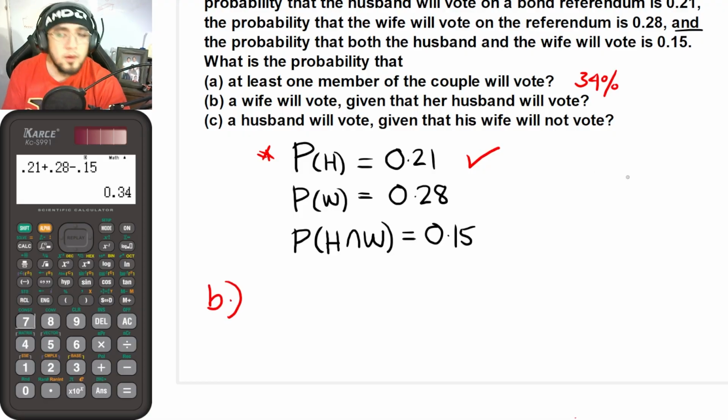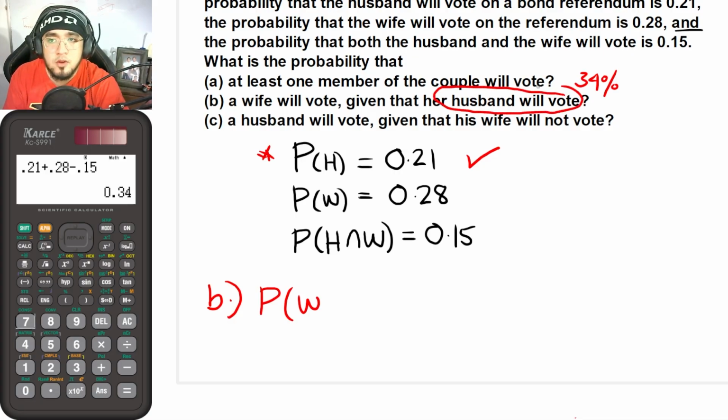For letter B, what is being asked is, what is the probability that the wife will vote given that her husband will vote? As you can see, we now have a condition. Thus, this is a problem of conditional probability. So if we write this in conditional probability, what is the probability that the wife will sign given that her husband will also sign?